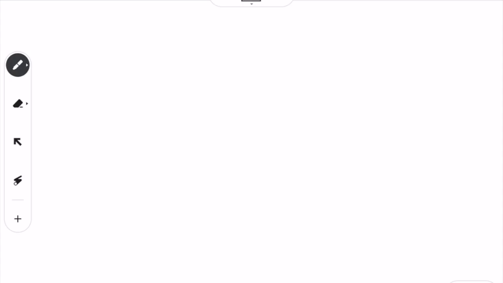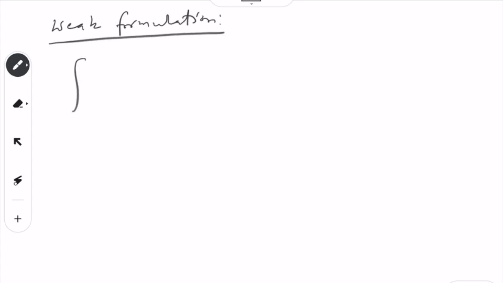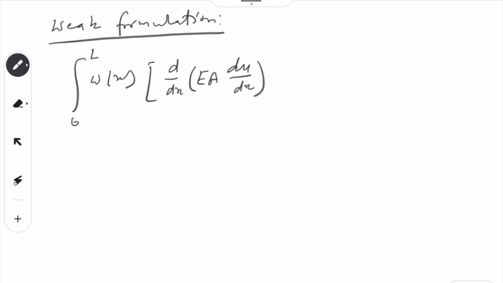So, our weak formulation starts with integral 0 to L, W x, then d over dx of E A du over dx, plus B, dx equal to 0.